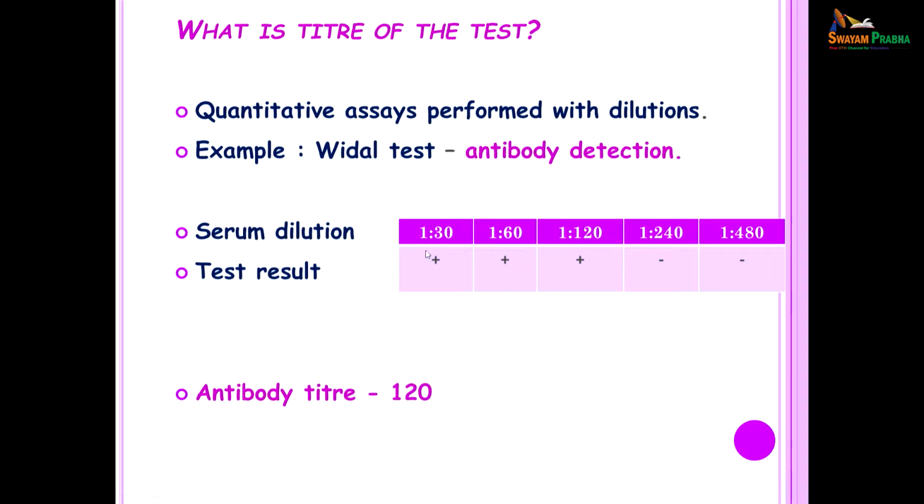You may have got a test result in 1 in 30, in 1 in 60, and in 1 in 120, after which the test became negative. So, over here we would say the antibody titer is 120.